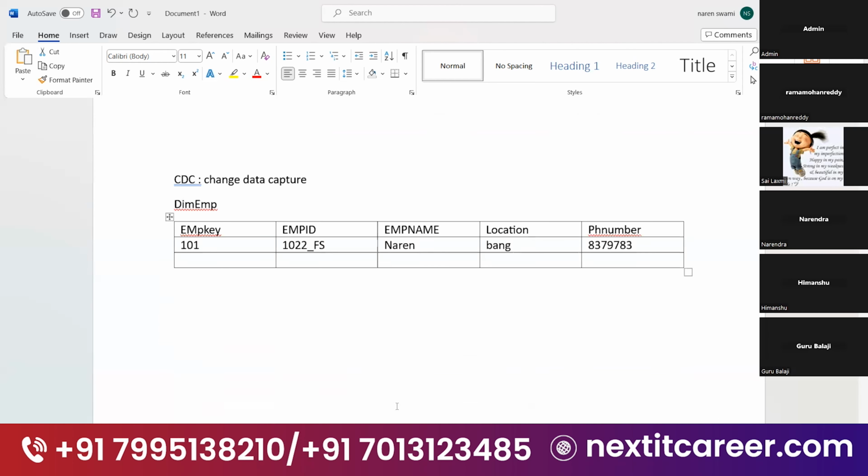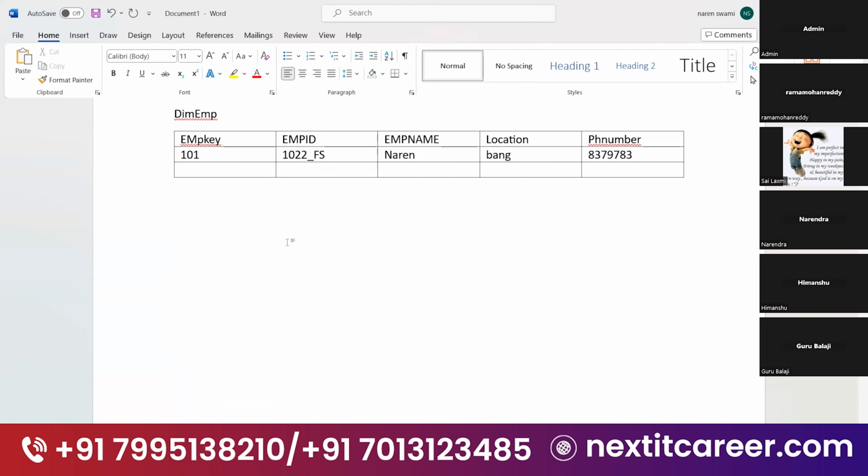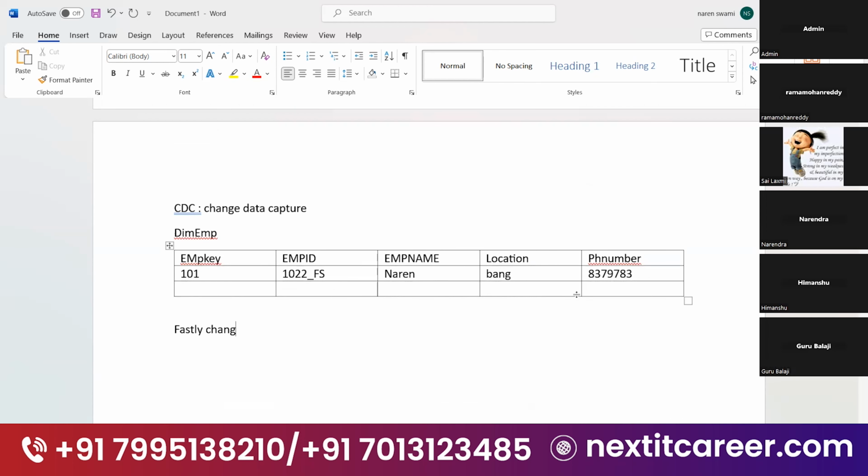After that, we will see the fast changing dimension. What is a fast changing dimension? Here the data is stored such that, for example, after 5 years the location changes for the employee.